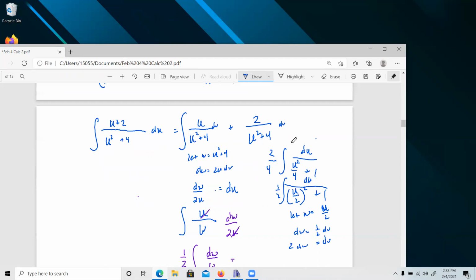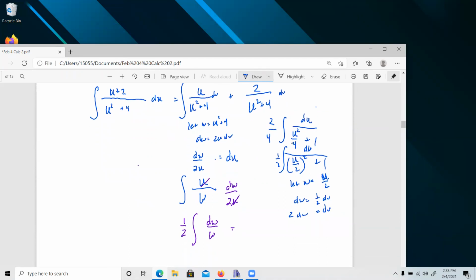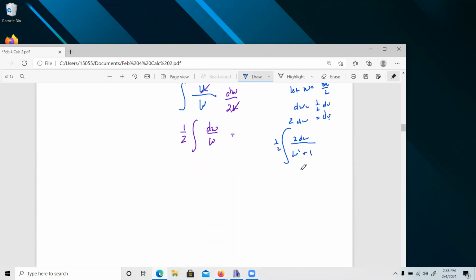So when I go ahead and factor everything here, we've got a 1/2 out in front from this. We've got a 2 dW because we're just substituting. And then this is going to be W squared plus 1. Okay, so here we go.